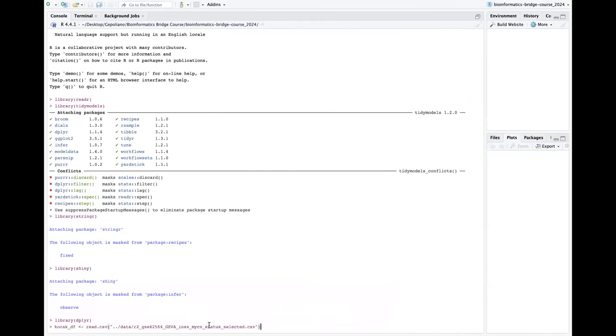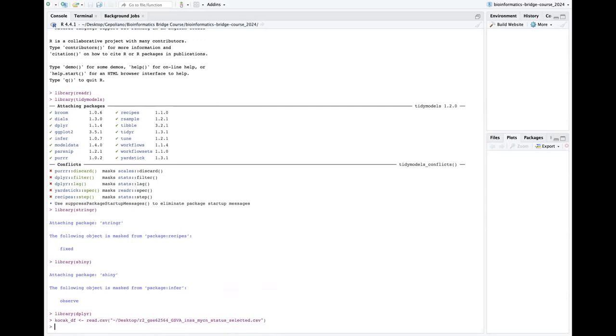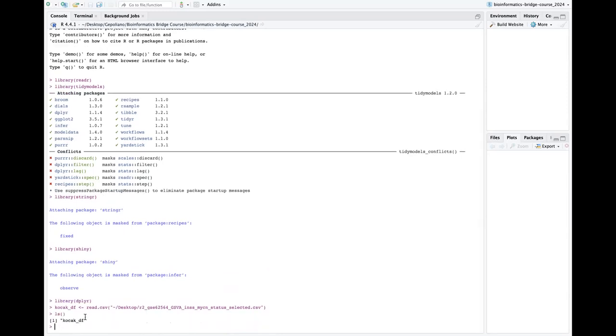I need to modify the path here so that it looks for the data set in my desktop. And so here I can come to the end and move over all the letters and hit tab so that it auto-completes. So I do not have the path problem that one of you were describing earlier. So I can hit enter. And now if I list, I see that I have that object there.